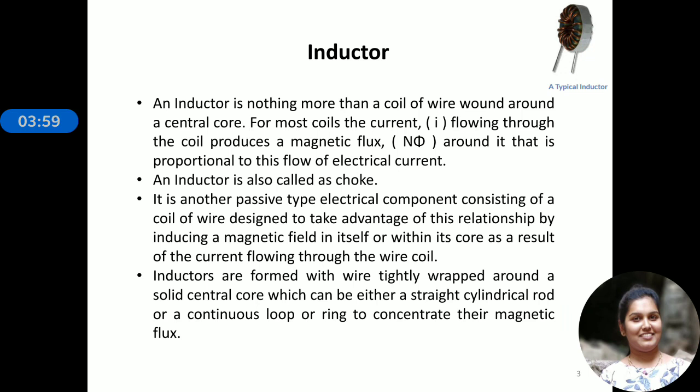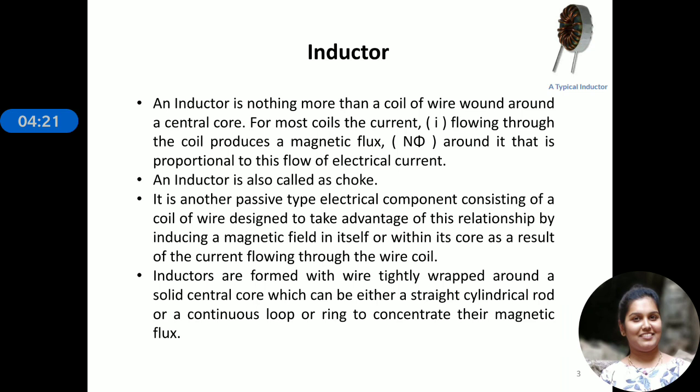So in most coils, the current will be flowing through the coil and produces a magnetic flux. So the current I will produce a magnetic flux in the coil or else around the coil, and that is proportional to the flow of electric current.